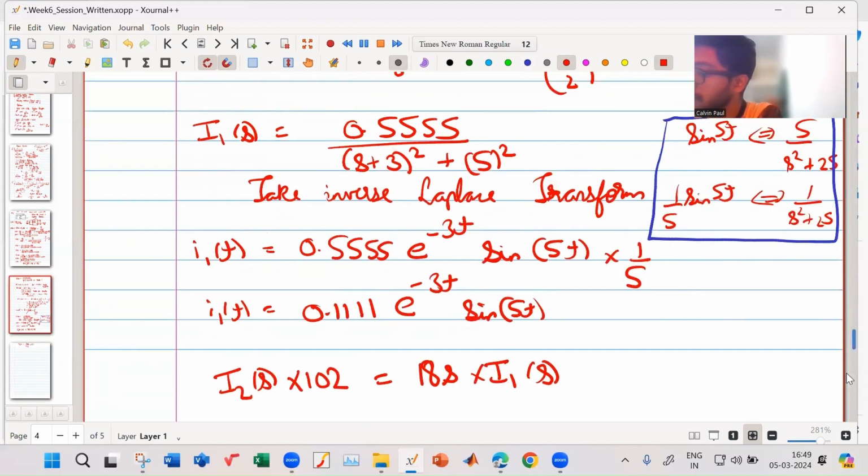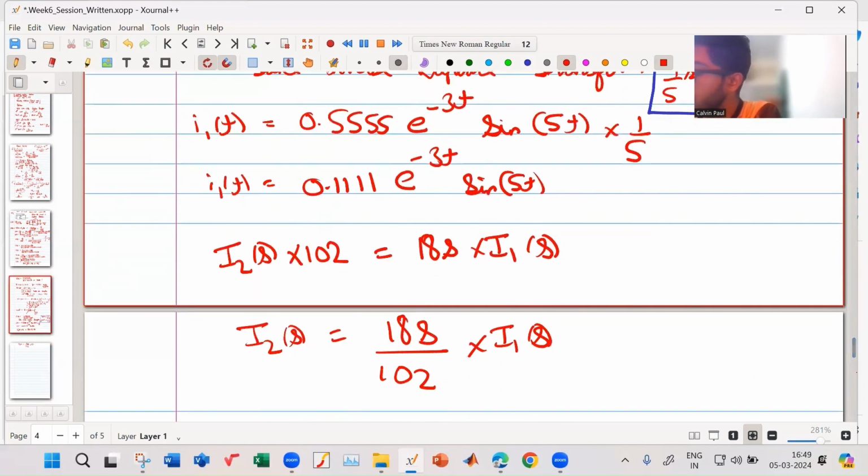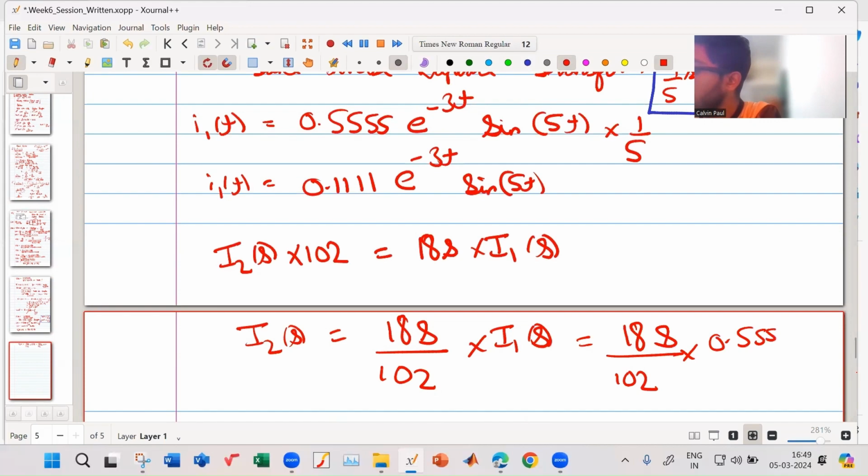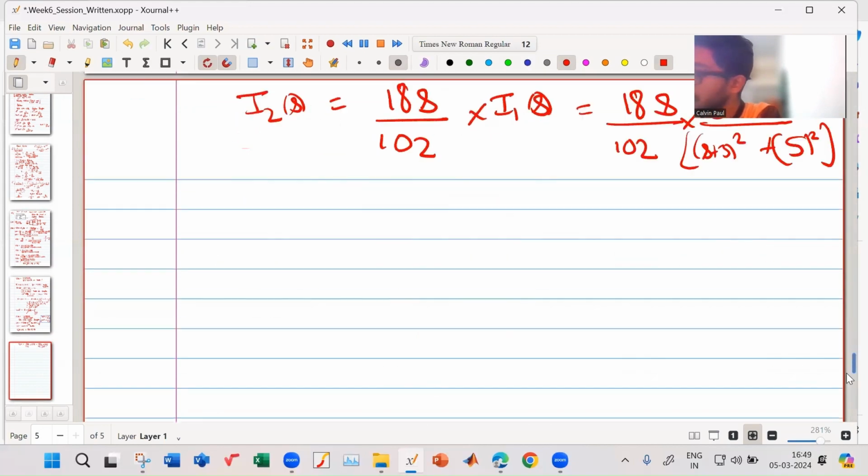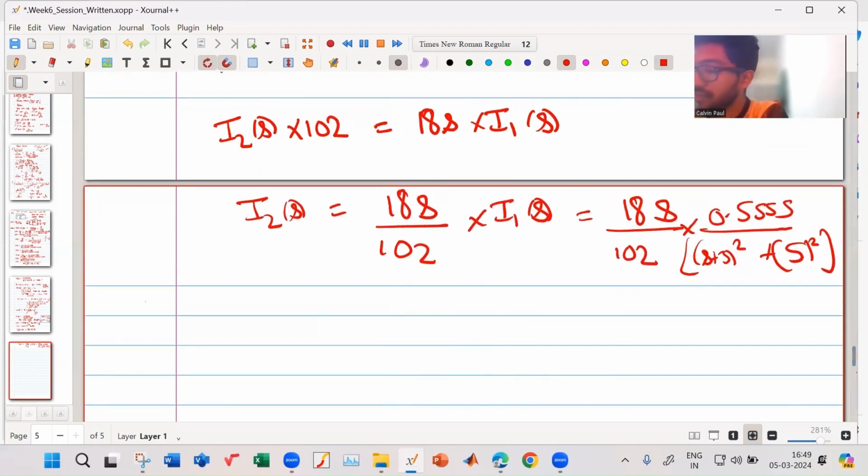So that becomes equal to 18S upon 102 into 0.555 upon S plus 3 the whole square plus 5 square. So this is my I2 of S. What is 18 into 0.555 divided by 102?